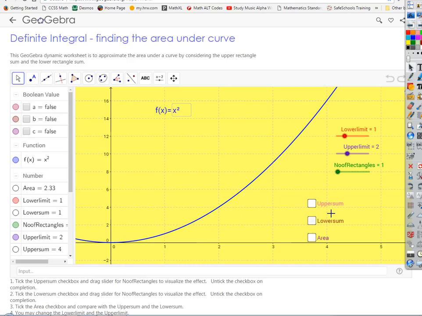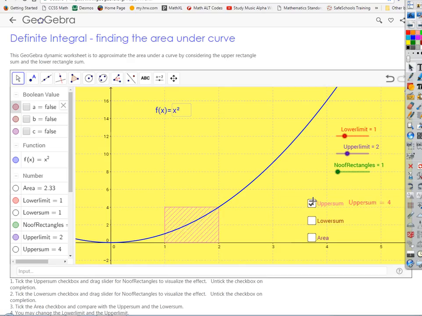If I want to show the upper sum and the number of rectangles is only 1, I'm adding up the area from 0 to 2, okay? Does that make sense? That's not very accurate, right?